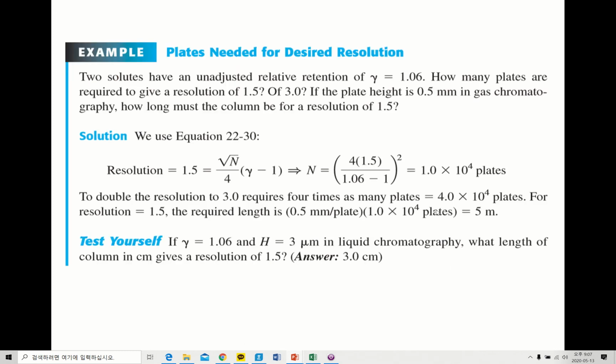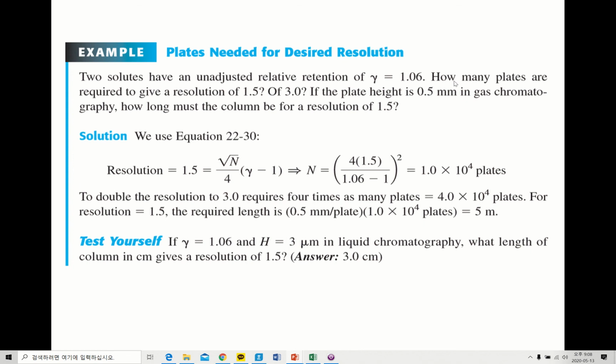Here's a good example: plates needed for desired resolution. Two solutes have an unadjusted relative retention gamma of 1.06. This gamma value is so small, so it is not easy to separate the two solutes.